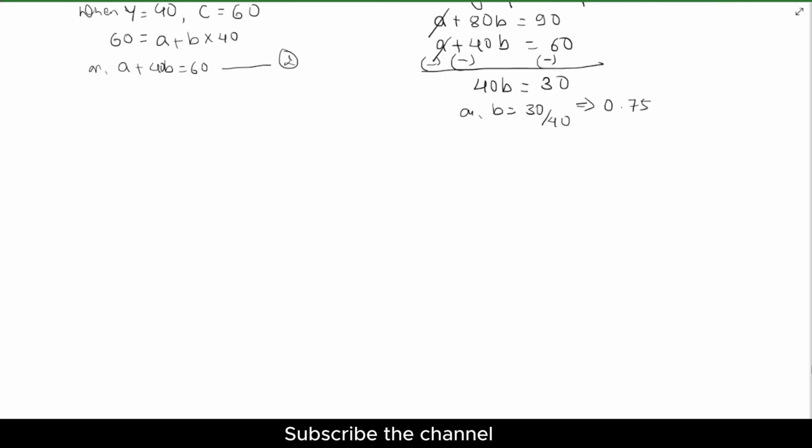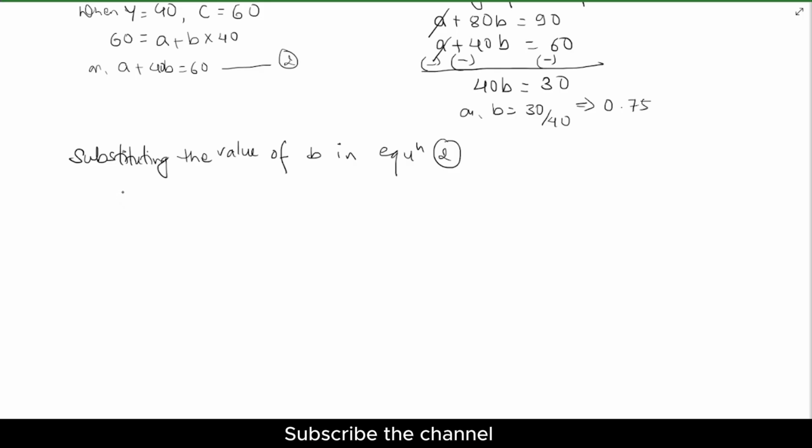The value of B is obtained. Now we'll substitute the value of B in equation 2. What will we get in equation 2?